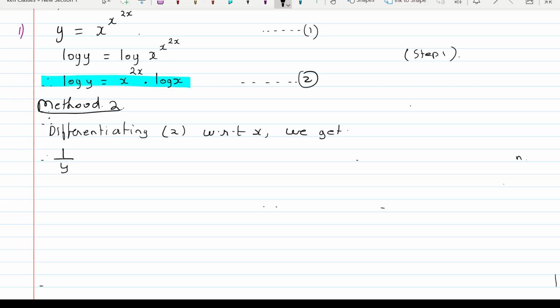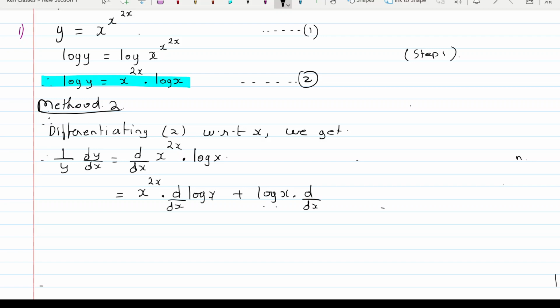get 1 upon y dy by dx is equal to d by dx of x raised to 2x into log x, which is equal to, by product rule, x raised to 2x into d by dx of log x plus log x into d by dx of x raised to 2x.